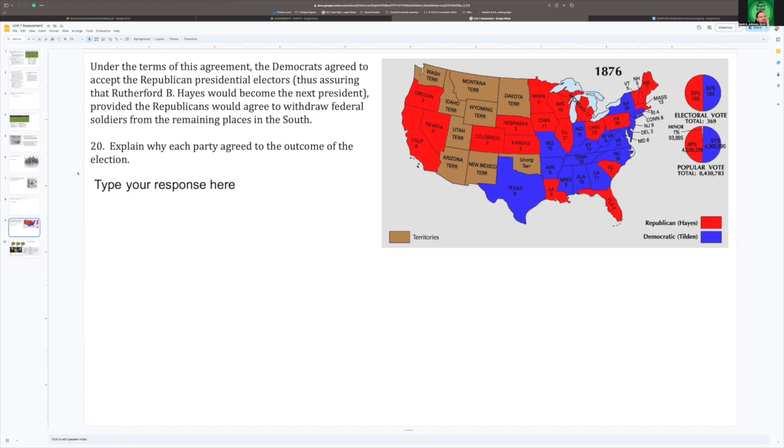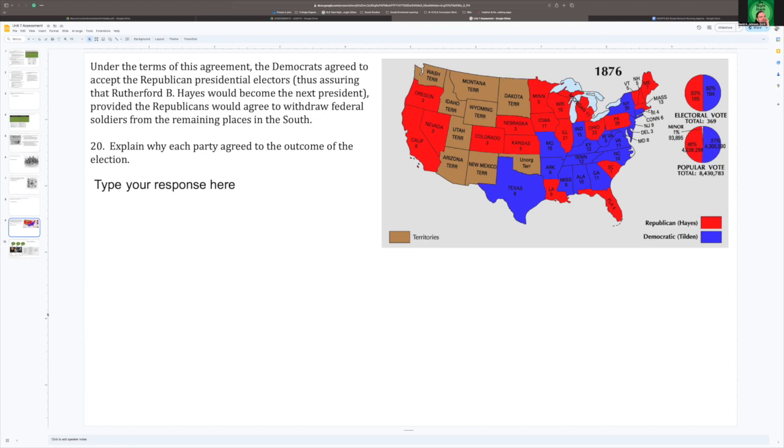This is how the electoral map shook down. Explain why each party agreed to the outcome of the election. So the map is an activator, but it's also a clue, and you get to see where the support for all of these people was. Smart kids are going to start to total up some of the electoral votes and look at the popular vote as well, and they're going to go, this was a lot closer. But then they're also going to bring their knowledge of history back into this, and that's important.